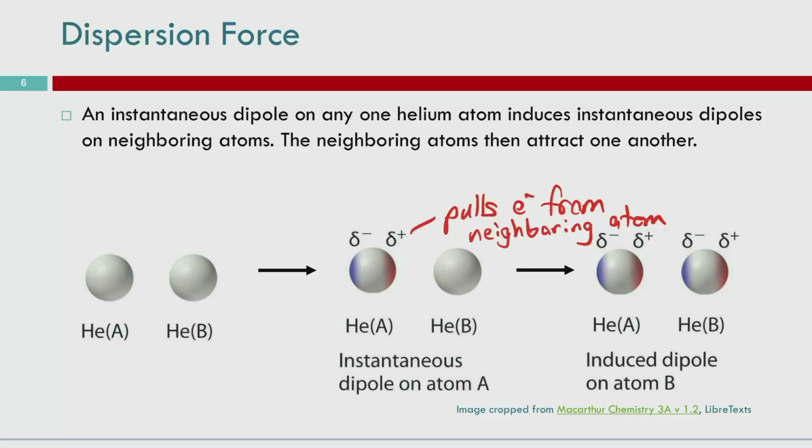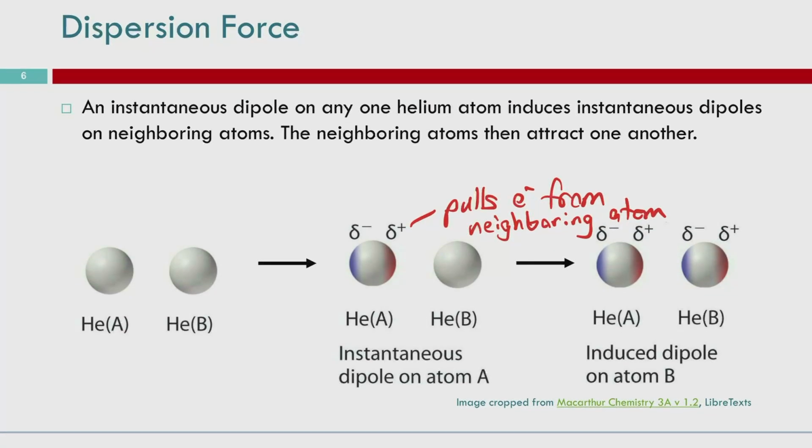And so then that can cause a partial negative and partial positive in the nearby helium atom, and then these positives and negatives pull them together, again, very weakly and only for a short period of time, and then they'll separate again. But since this is just based on electrons and where they're located at any given moment, anything that has electrons can have this force.